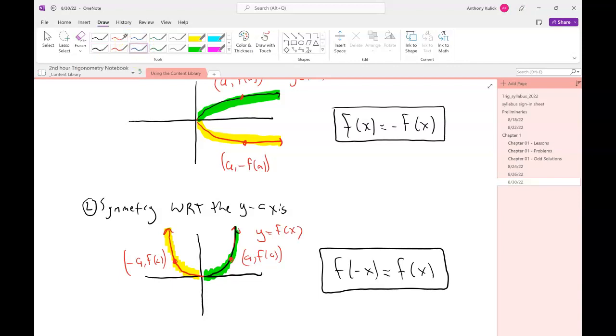This type of symmetry gets a special name. Functions that have this type of symmetry are called even functions. Everybody's okay with this so far?